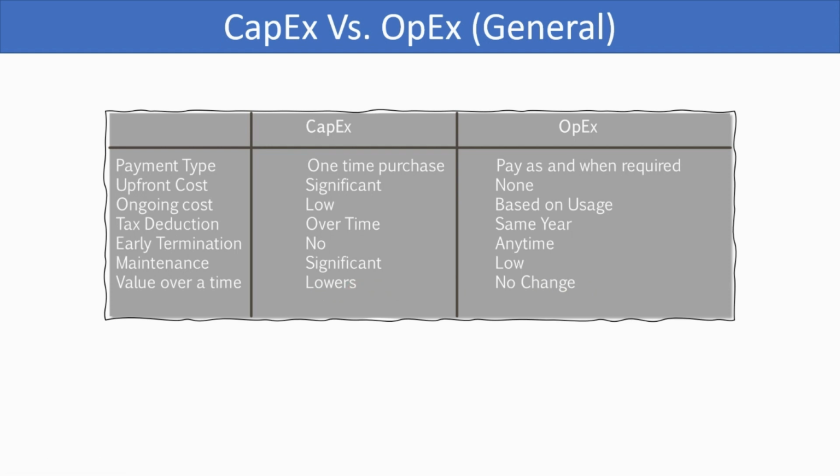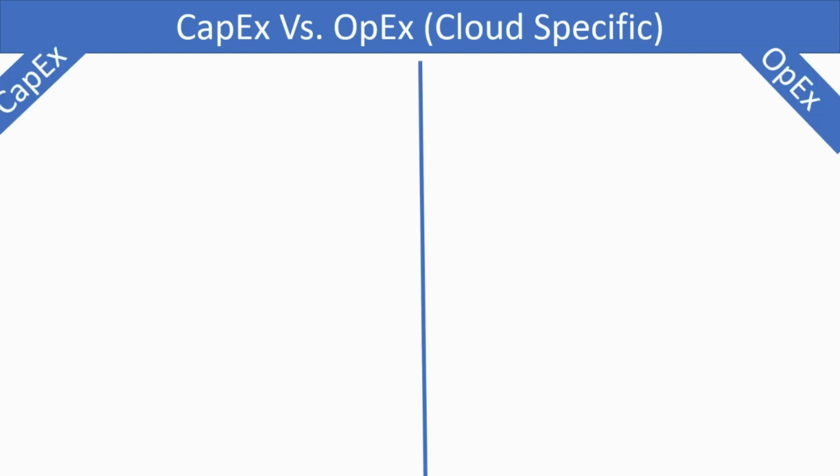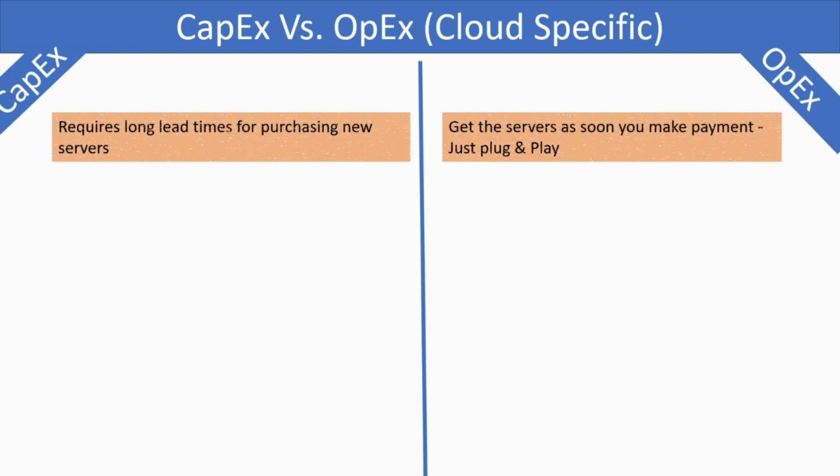Now let's see another set of differences between capital expenditure and operational expenditure with respect to cloud scenario. Let's take the first one. To buy a property or server, it requires good amount of lead time. So that comes under capital expenditure.